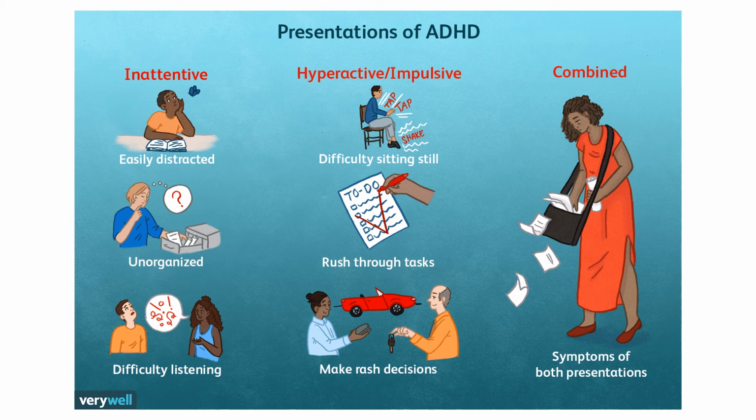But when they are hyperactive, difficulty sitting still, rushing through all kinds of tasks, and sometimes making very impulsive decisions. So often it's a combination of these symptoms. And as I said, it's not always that they're hyperactive.